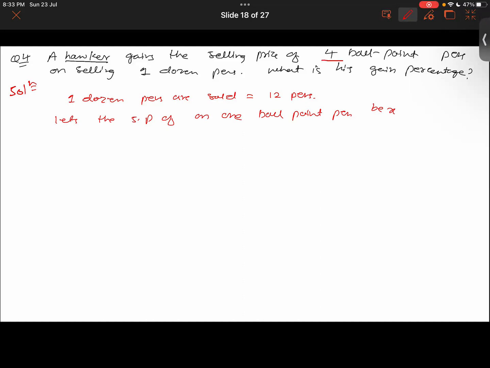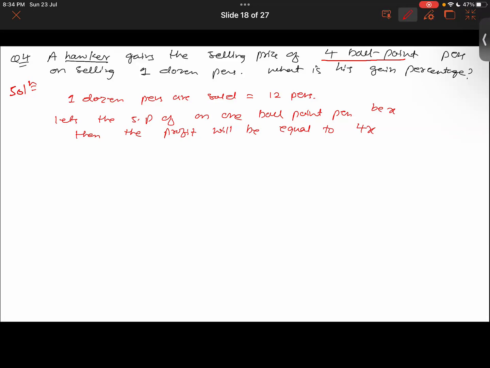As per the question, he gains the profit of 4 ballpoints. So the profit will be equal to 4x, isn't it? The selling price that is given to you for a ballpoint pen, you are getting a profit of 4 times that price, 4x, right? 4 times you are getting the profit here.